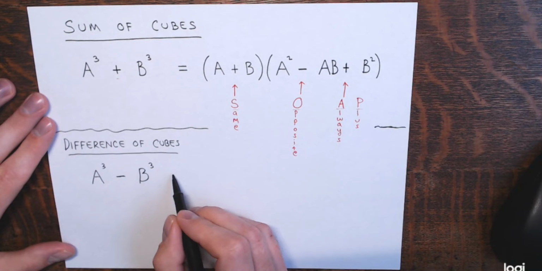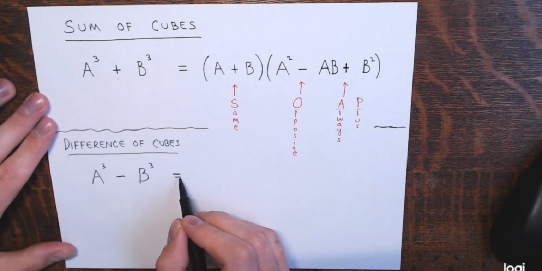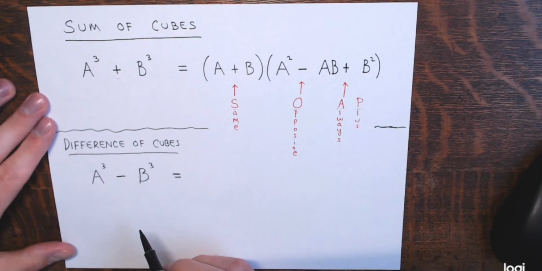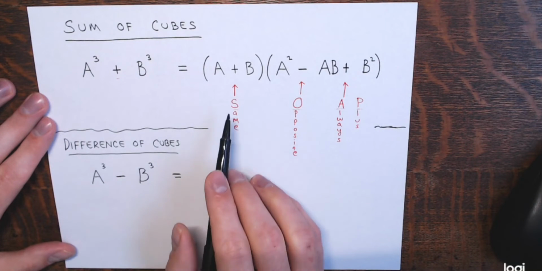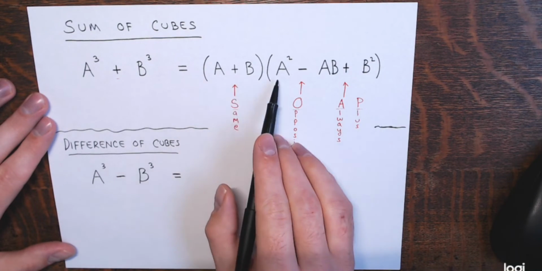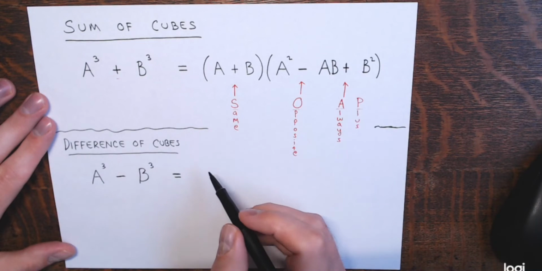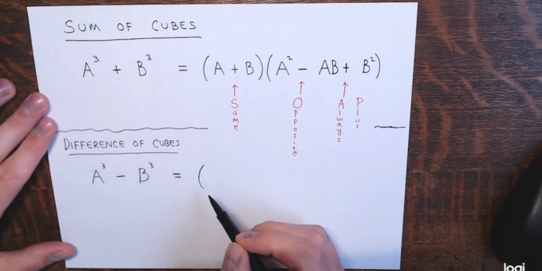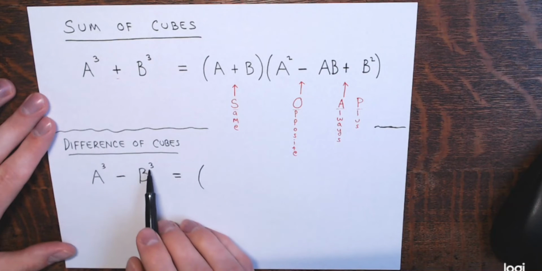And if you recognize a binomial as a difference of cubes, you should be able to factor it, write it as a product. And it's the same setup where it's a binomial factor times a trinomial factor. That binomial factor is once again very simple. Just get rid of the cubes.